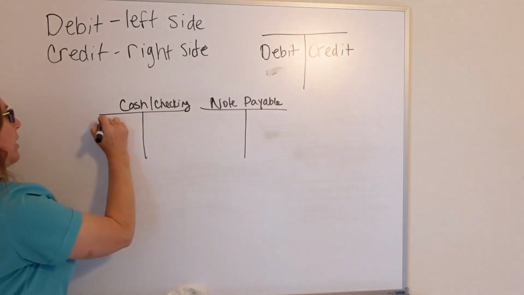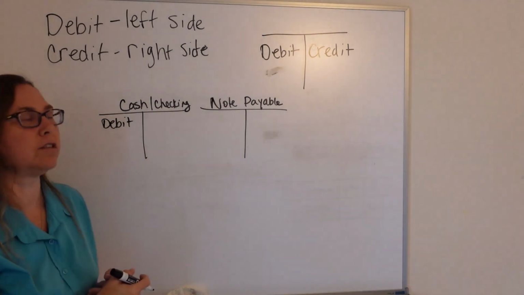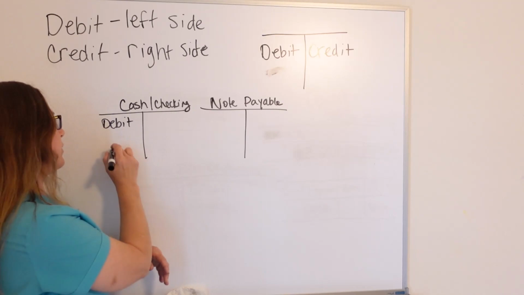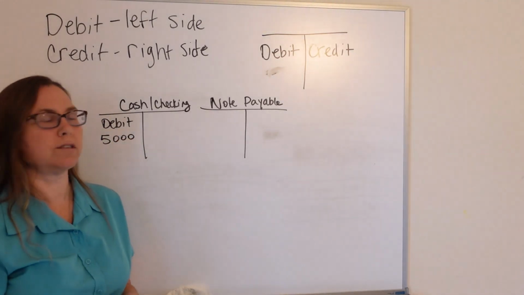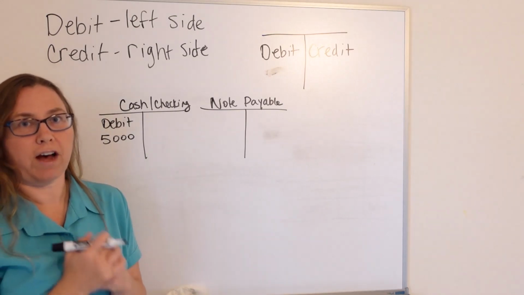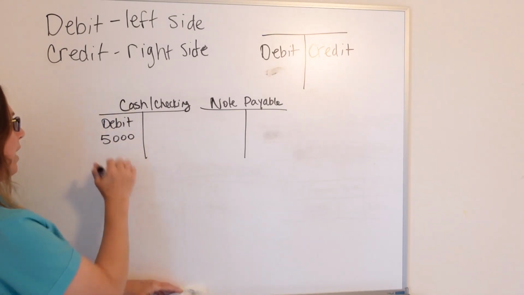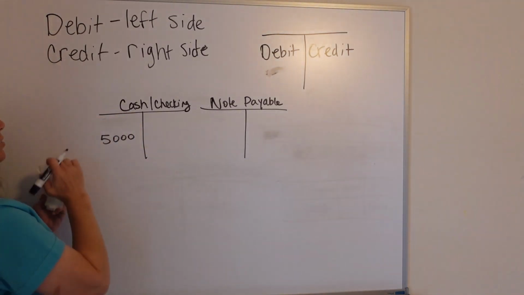So on the debit side of your cash or checking account, you're adding $5,000 to that. Okay? Because you just gained $5,000 in your checking account. It went from 0 to 5,000. So that would go on the debit side, okay, to add to it.